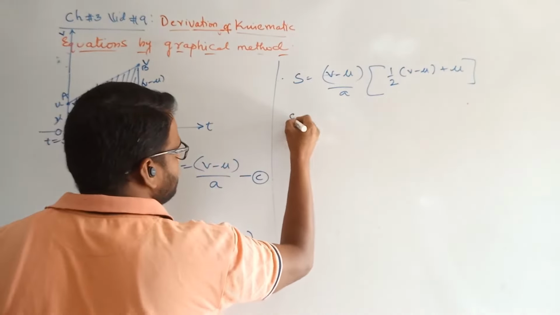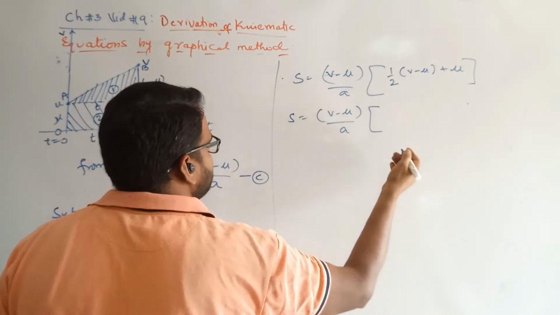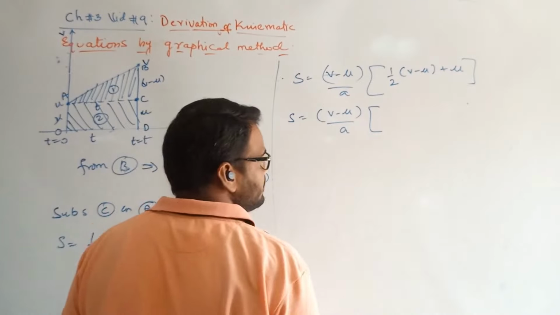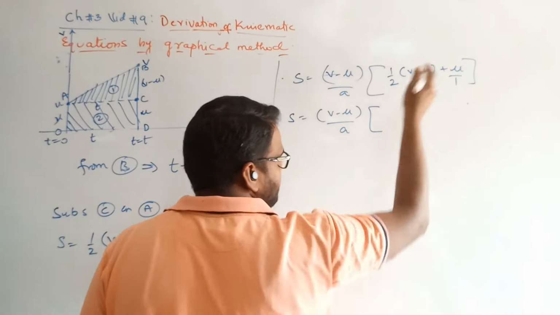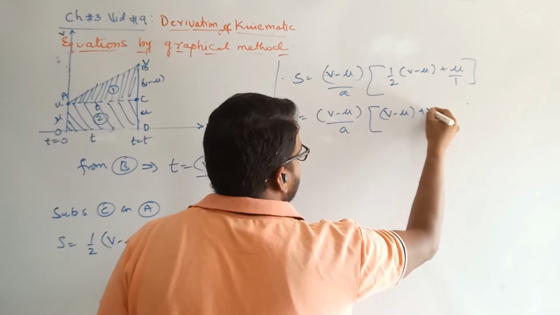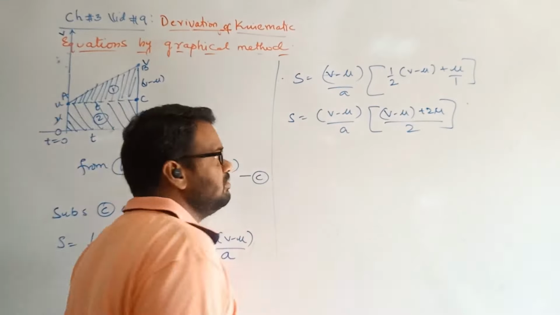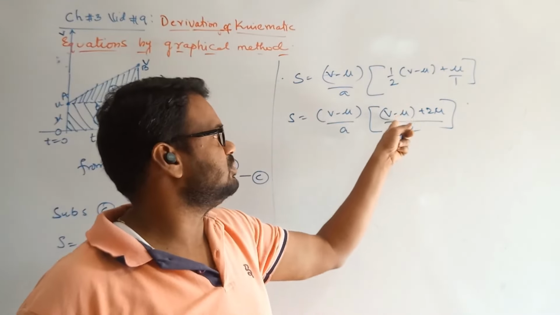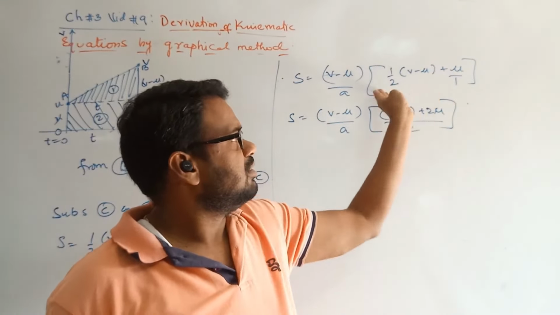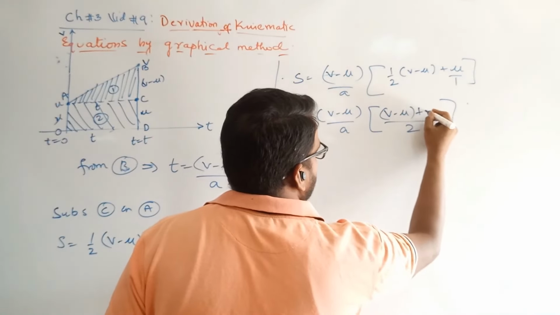Now simplify this further. S is equal to V minus U by A times, if you take cross multiplication of these two things, V minus U plus 2U by 2. I'm just cross multiplying. 1 into V minus U is as it is, 2 into U is 2U, divided by 2 into 1 is 2.